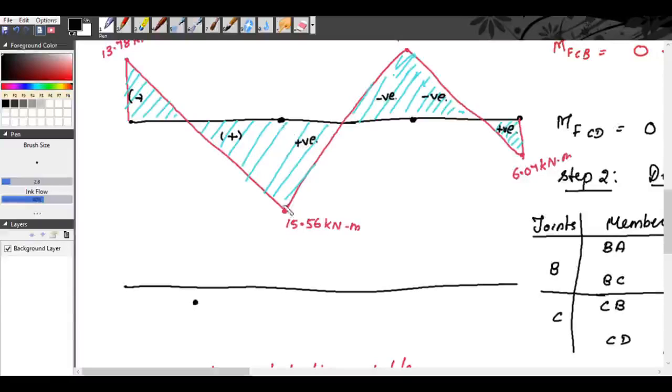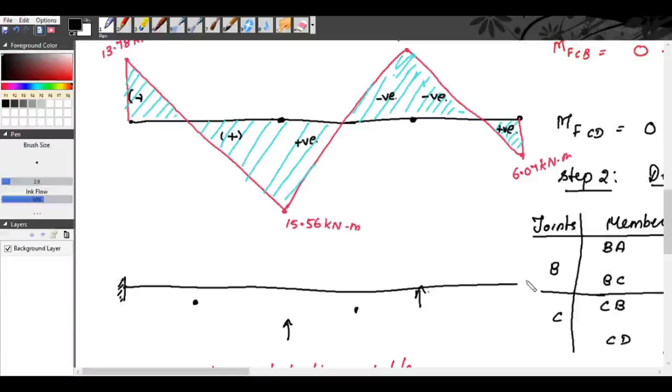Now at support B, it is settling down. So your support will be here. Now here there is positive to negative. There is a change. So here you have a point of contraflexion. You have the support C here.